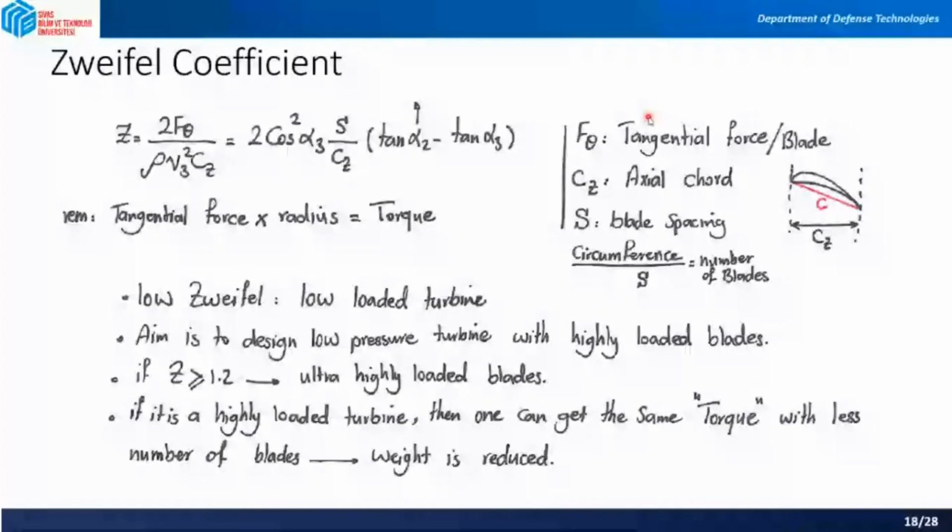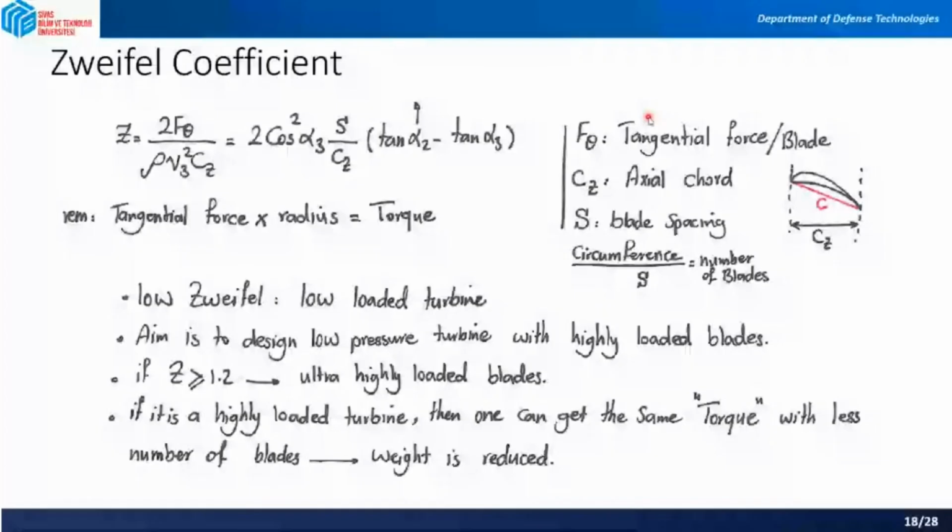Your output total temperature is given equal to 1550 Kelvin, and the entrance and exit angles of the velocity is 0. Your mean radius is given equal to 40 centimeters.